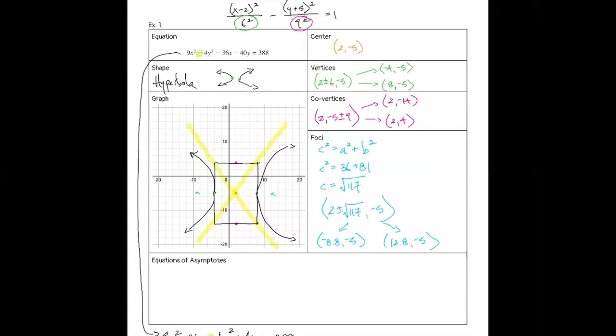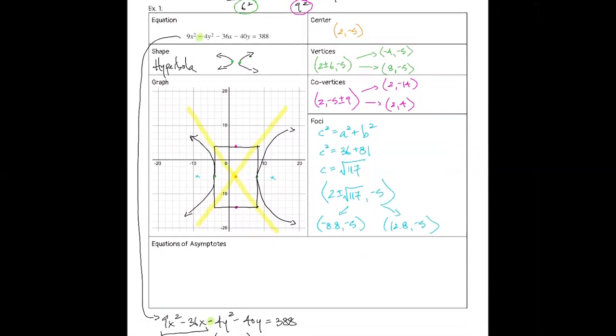The last thing that we need here is that we need to find the equations of the asymptotes. All right. What point do both asymptotes go through? The center. Perfect. Okay. So that's why there's the h comma k in the equations for the asymptotes.